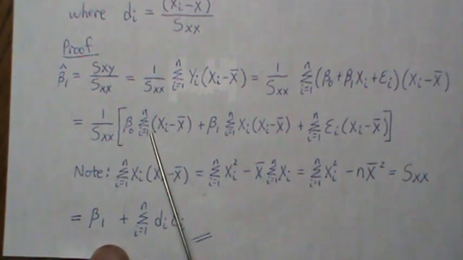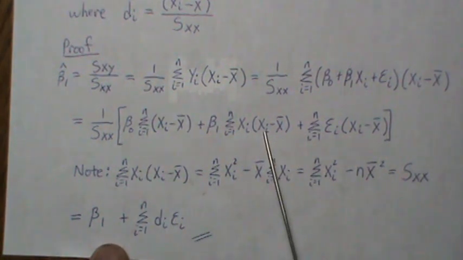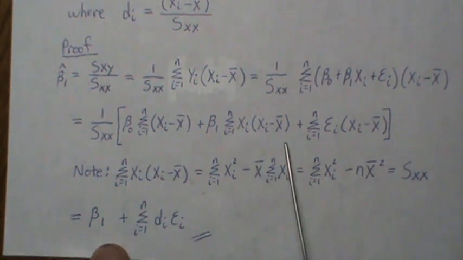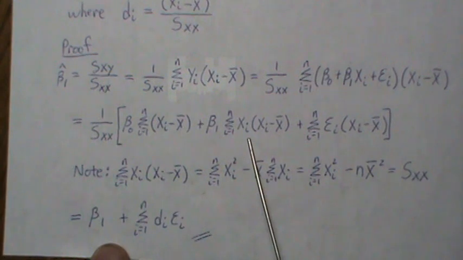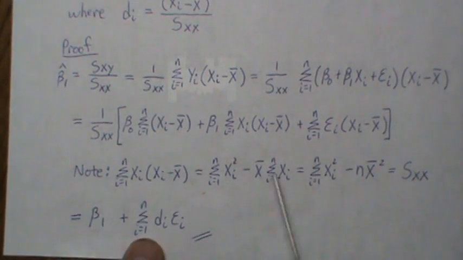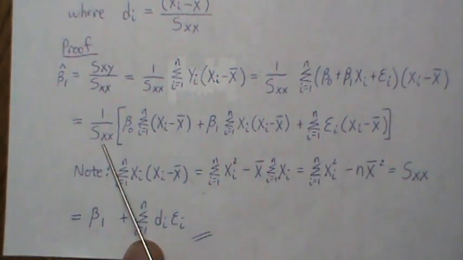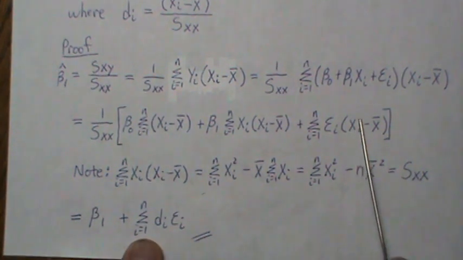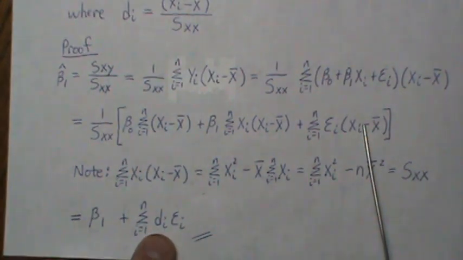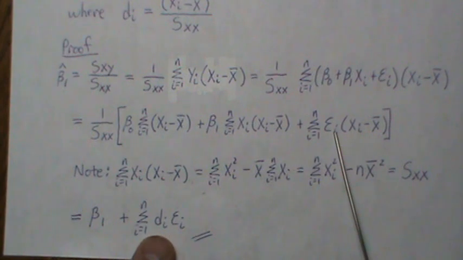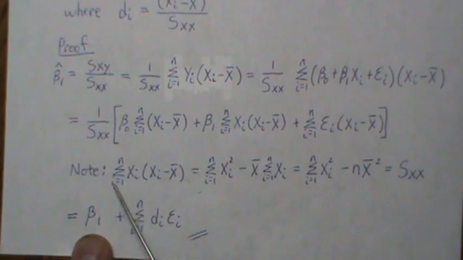This sum goes to 0, so it goes away. This is S_XX, but divided by S_XX leaves beta 1. And then when we bring this in and divide by that, this is what we were calling d_i, times epsilon_i. So that is equal to this.